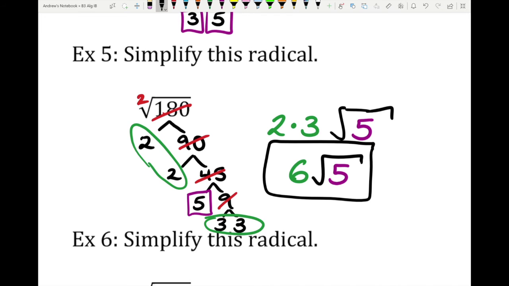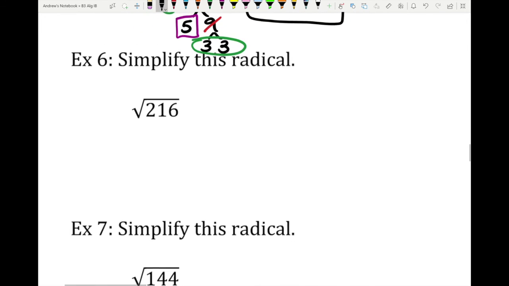Okay, let's try another one out. Gross, 216. If you run into a number where you're not quite sure what works with it, pull up a calculator. I pull up a calculator all the time when I'm doing these, especially with numbers that are kind of weird like this. What I like to do is ask, can I divide this evenly by 2? 216 does get divided evenly by 2, and turns into 2 and 108.